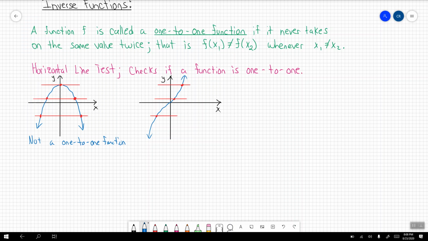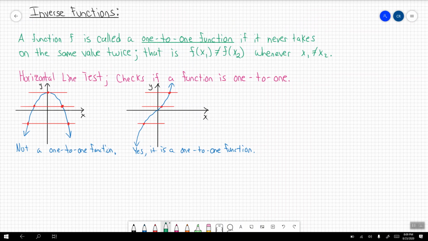Function 2 that I drew here, yes, this is a one-to-one function. That is great, because now we can streamline that definition into just using the horizontal line test.